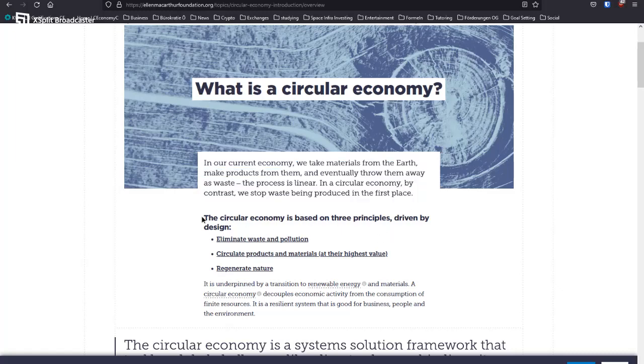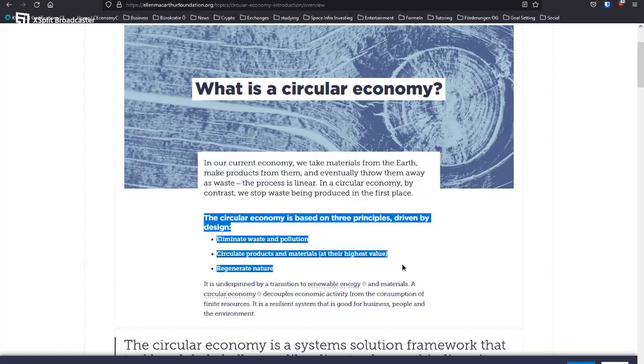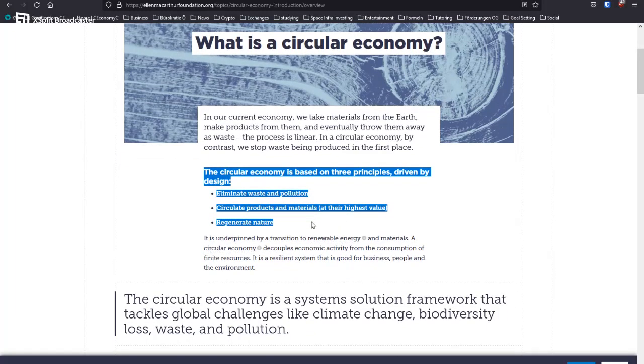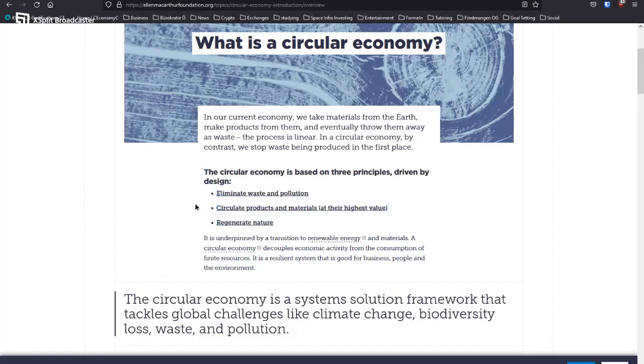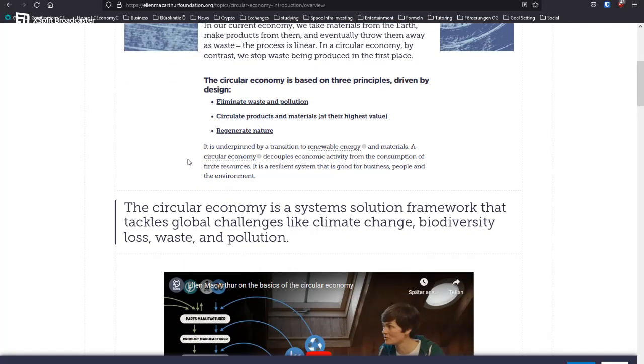The circular economy is based on 3 principles driven by design. Eliminate waste and pollution. Circulate products and materials at their highest purity and value. Regenerate nature. It is underpinned by a transition to renewable energy, of course, solar and wind, for example, and materials. For example, renewable materials would be algae-based, seaweed-based, mycelium, for example.